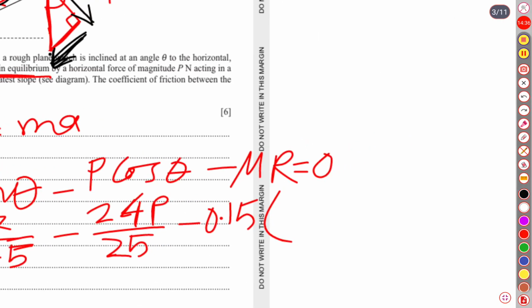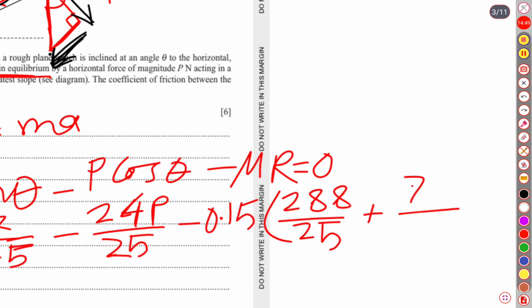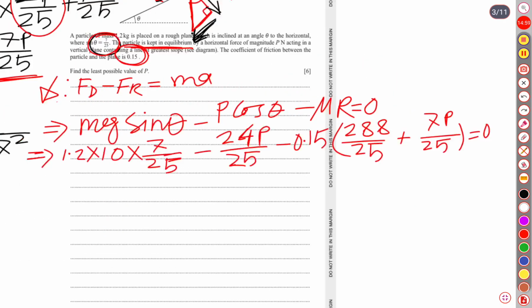So this is our R, the normal reaction, and the right side is 0.